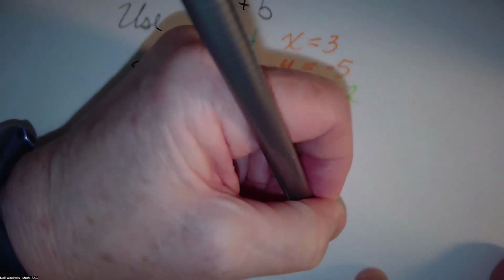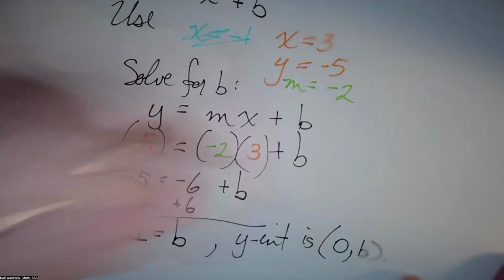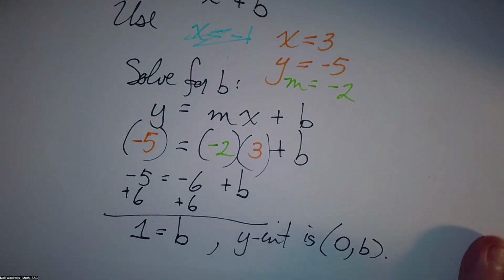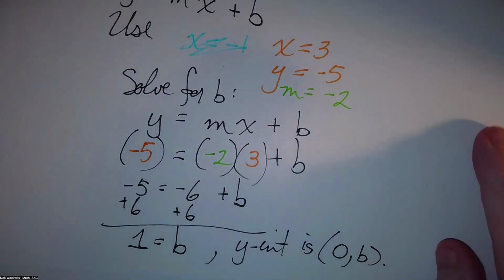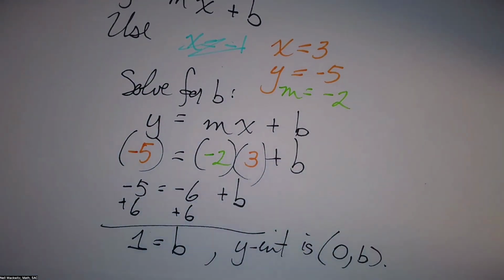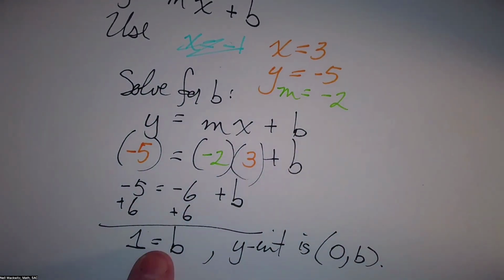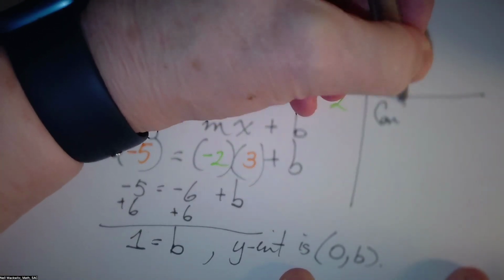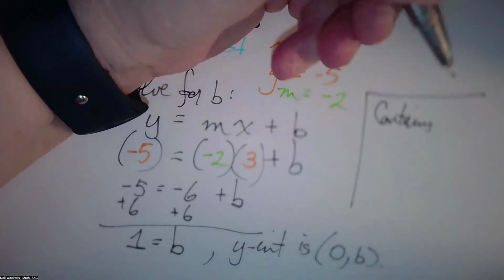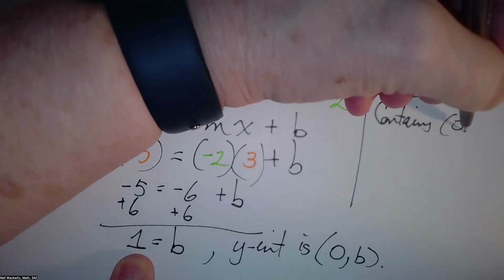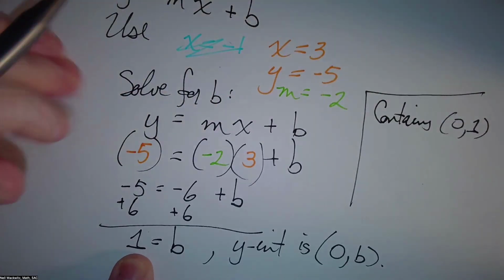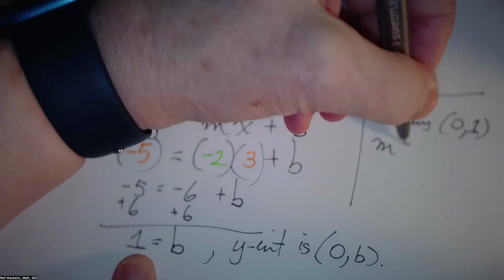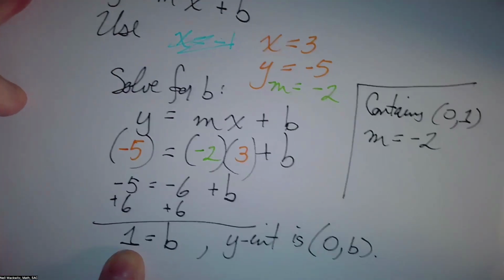So the y-intercept is 0, b. Remember, the y-intercept is a point. So the equation of the line that joins those 2 points contains the point 0, 1, and the slope is equal to -2.